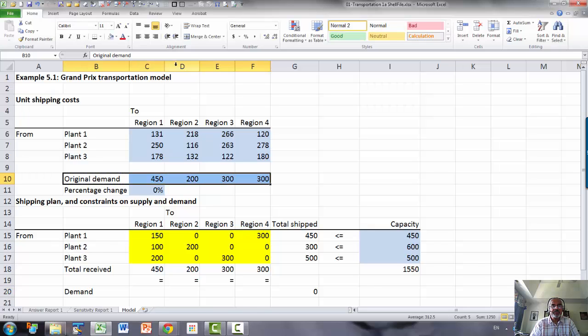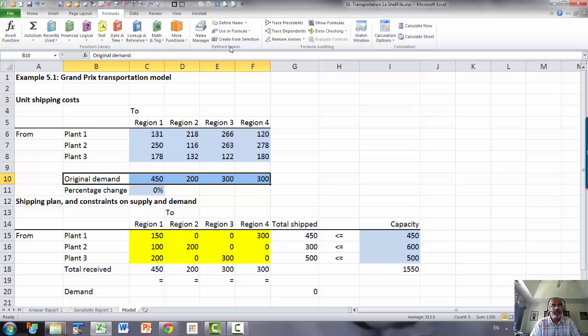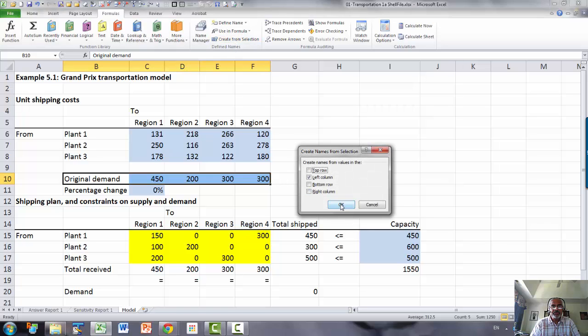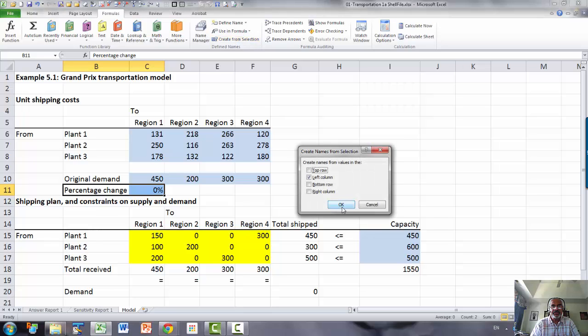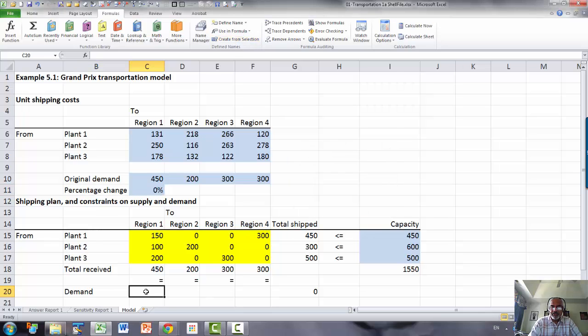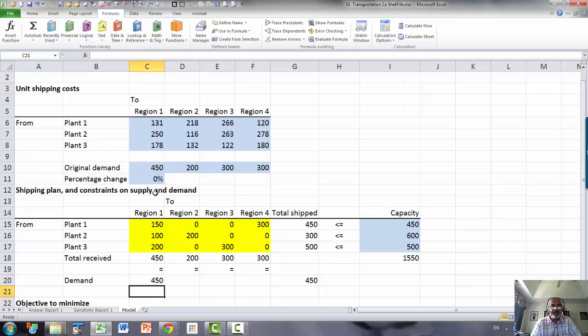Let's name this original demand and this percentage change. Our actual demand is original demand times 1 plus the percentage change.